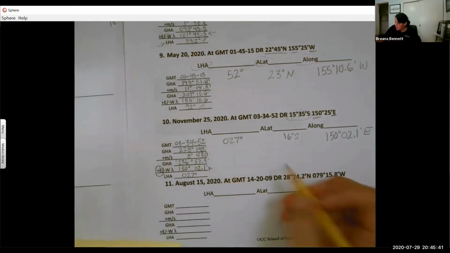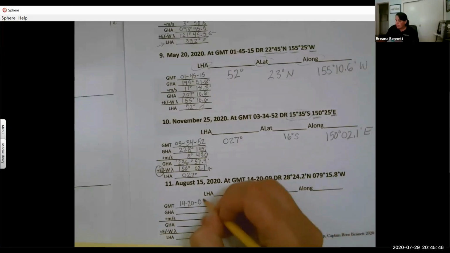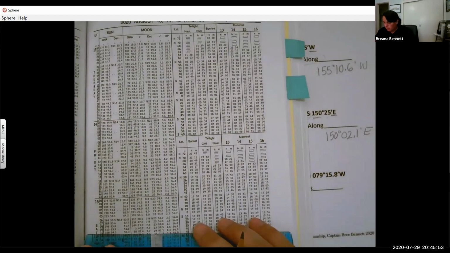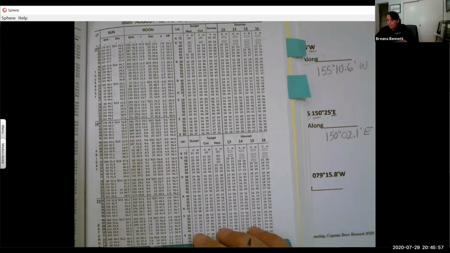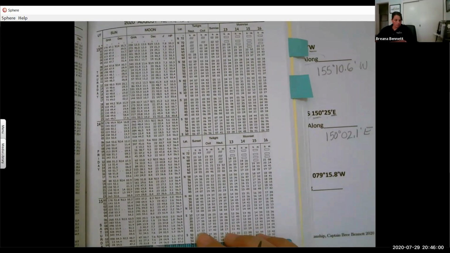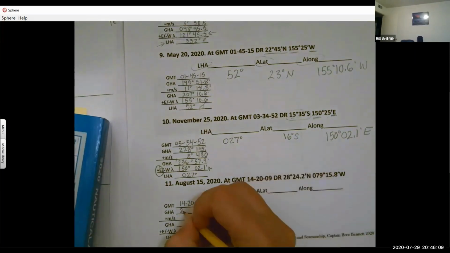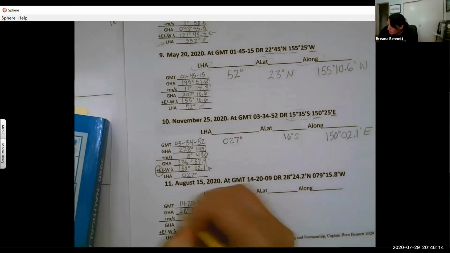Our time was 14:20:09. August 15th is 28 degrees, 54.5 minutes.